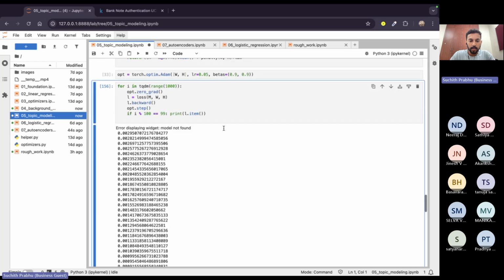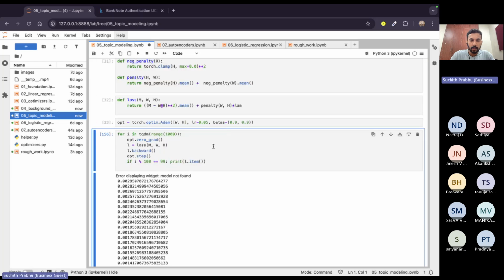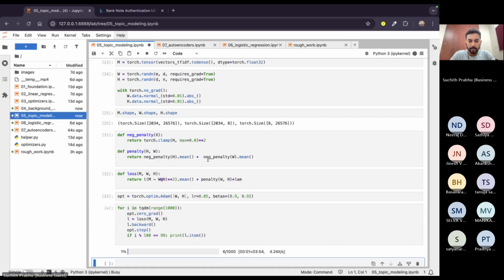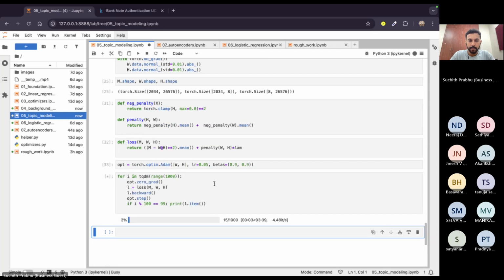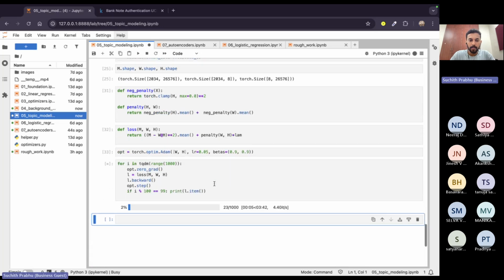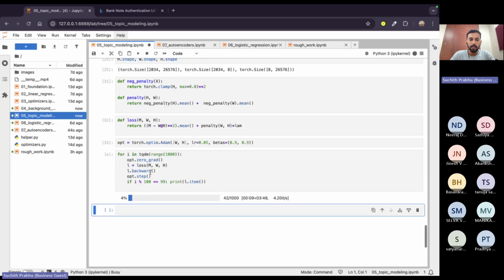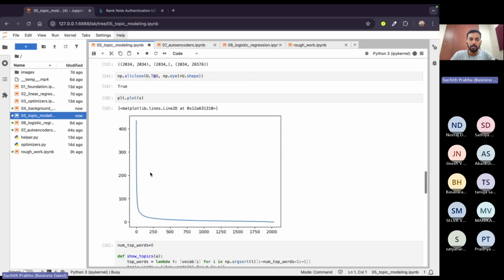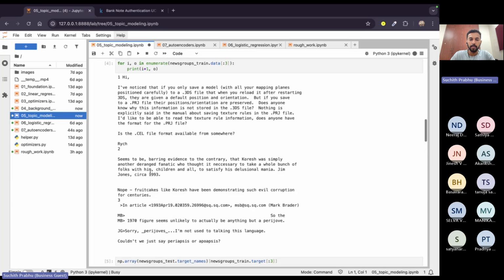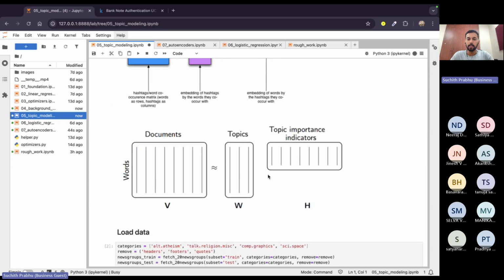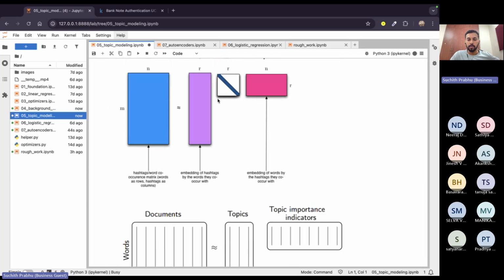Now let me go ahead and train this network. So after this, I'll get a matrix. Here we applied a mathematical concept, came up with eigenvalues, did this optimization, and got this solution in closed form.